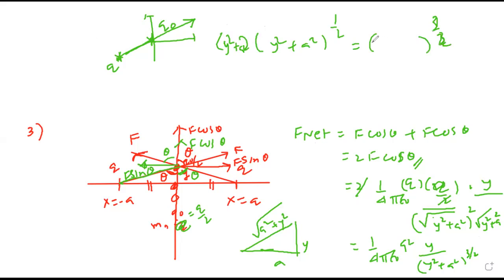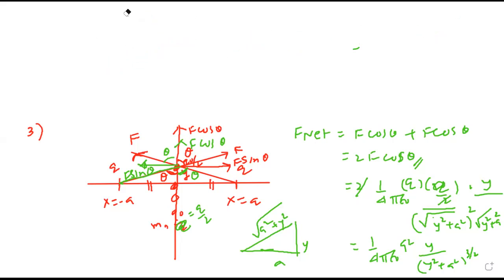Now they are telling y is very small. If y is very small, its square can be neglected, which we did in the electric dipole sum. So here since y is very much less than a, y square can be neglected.